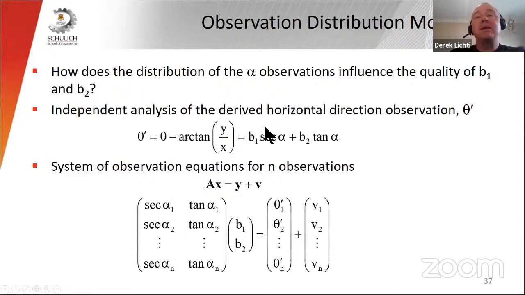And if we wanted to estimate B1 and B2, we would set up a system of observation equations for our n number of point observations, where the columns of the design matrix A have the secant and the tangent of angle alpha, and we are trying to determine B1 and B2.